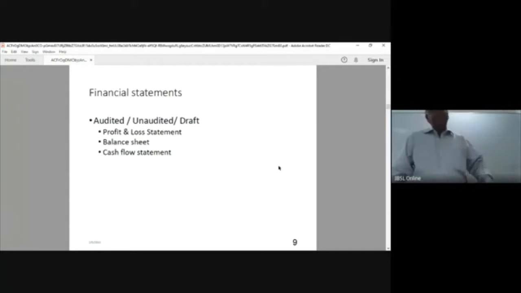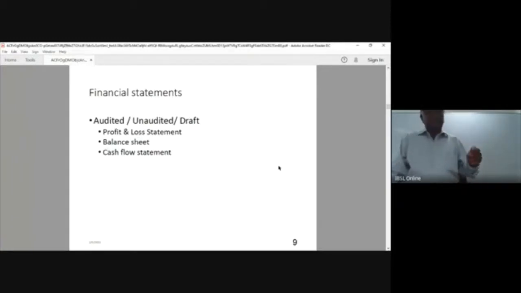It may be audited. Audited means the financial statements have been prepared by the company accountant. Then it is given to the auditors, chartered auditors, for them to go through it.